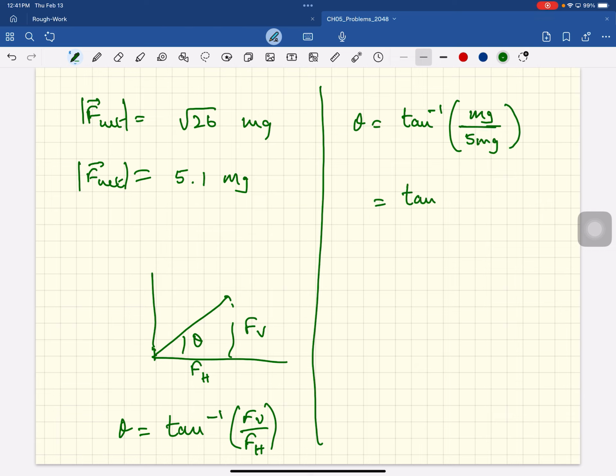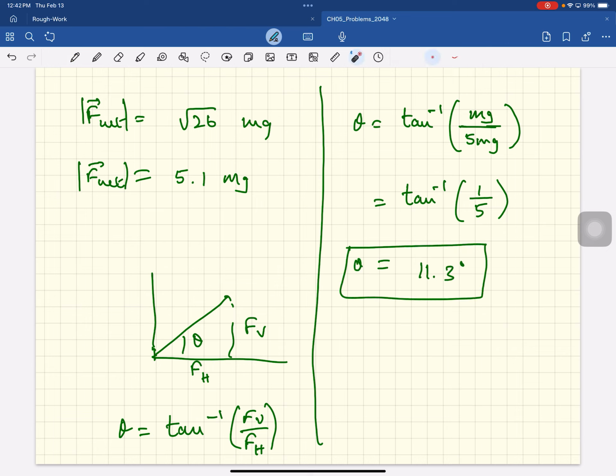So tan inverse of 1/5, this works out to 11.3 degrees. So the seat is exerting a force on the person at 11.3 degrees.